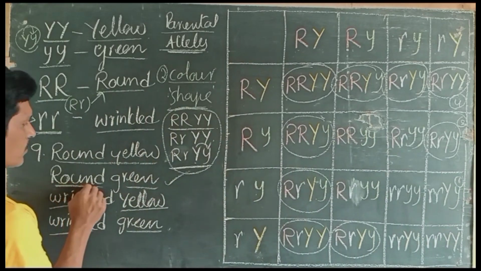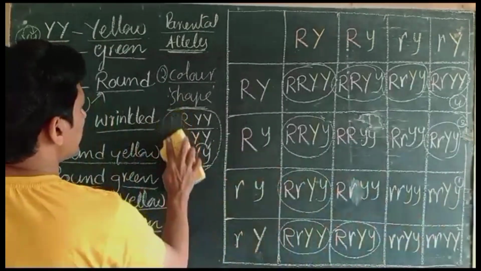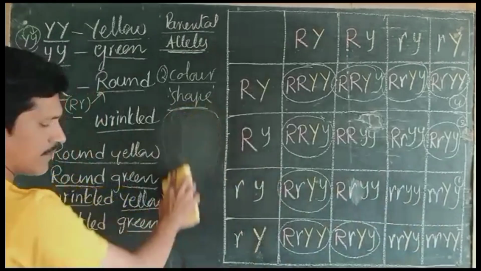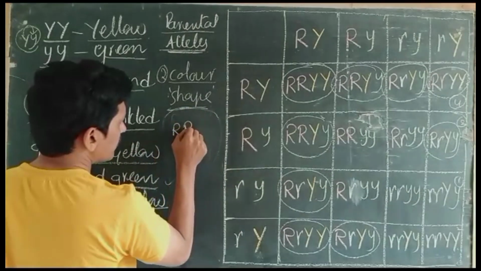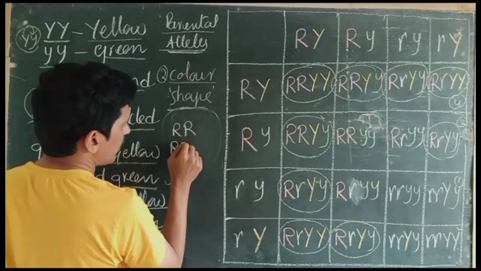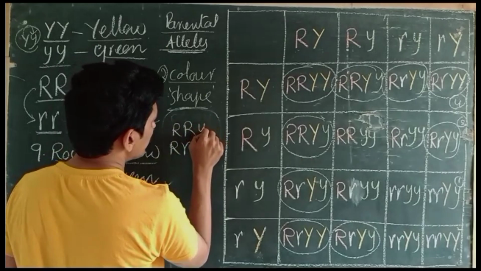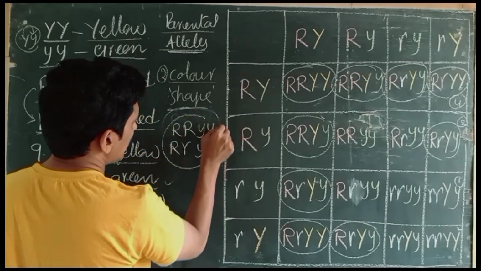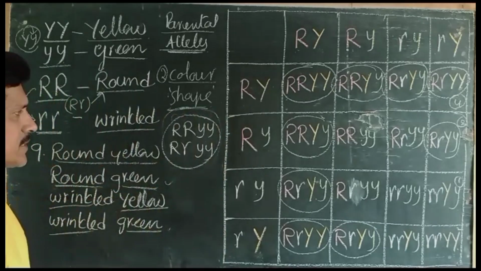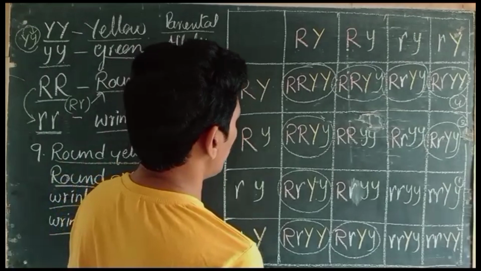And later round and green. What are round and green? Okay, round and green factors, how it will be. Round means capital R, small r, also round and green. Green must be both small y. This kind of factors we have to find where it is available. Capital R, small y, small y.